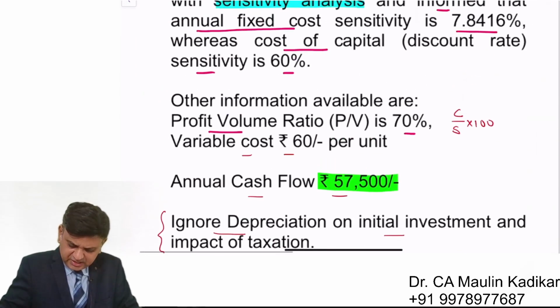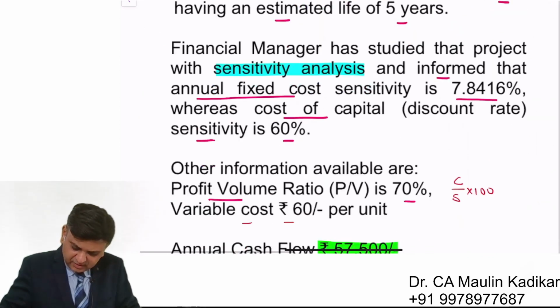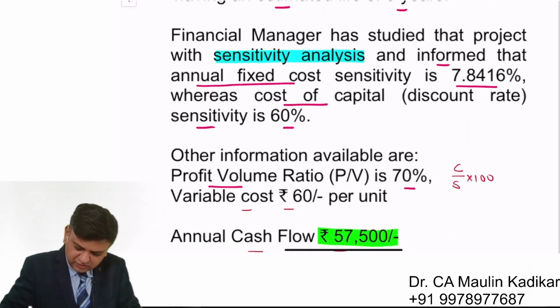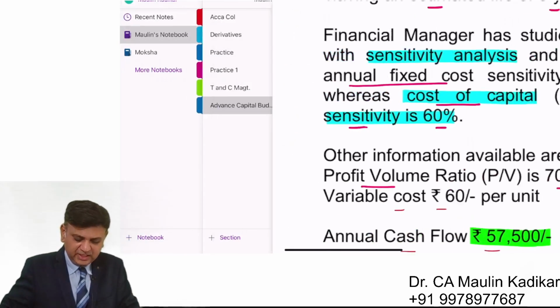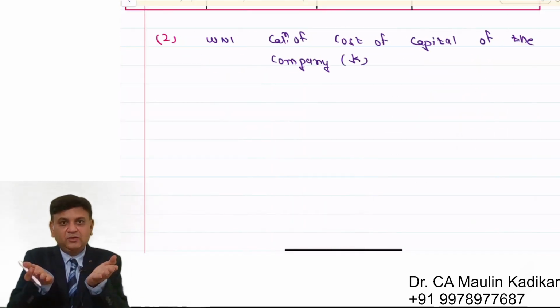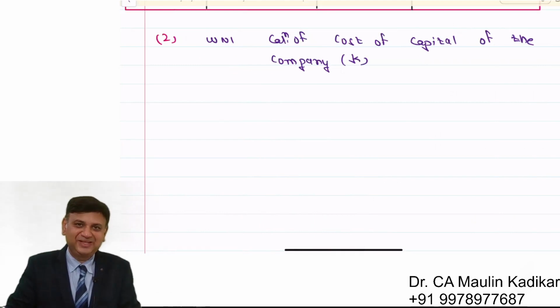Dear students, you can see that the question is providing the information that for discounting rate or cost of capital, sensitivity is 60%. What does it mean? It means that when the discounting rate increases by 60%, NPV goes down to 0.